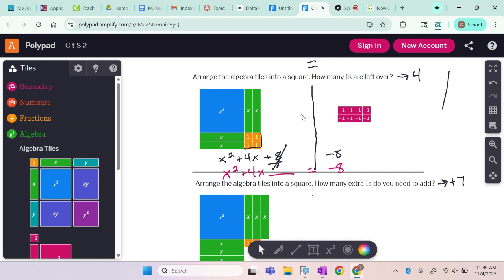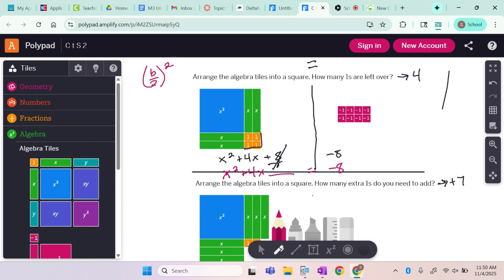So you're essentially making a 2 by 2 square. So in other words, since we had 2 x's here, 2 x's here, 2 times 2 is 4. All right, so in other words, we took our b value, divided by 2, because that's how many are on each side, and then we squared it. So in other words, b over 2 all squared.